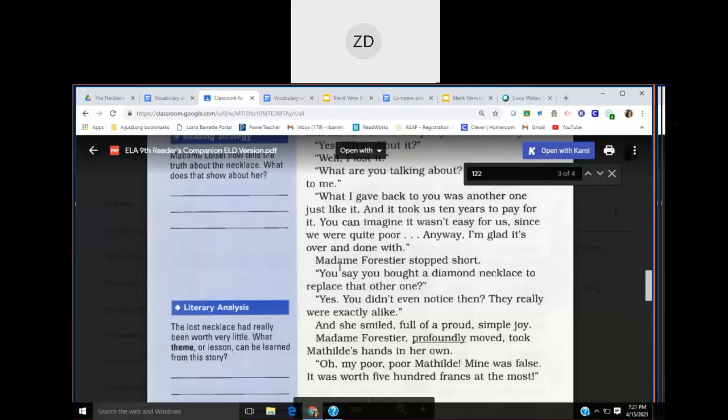Yeah. I mean, they really had to pay a high price, right? They worked for 10 years. I feel like she definitely got what she deserved, but I think she got more than what she deserved in a way. But it could have been avoided had she told Madame Forestier the truth.